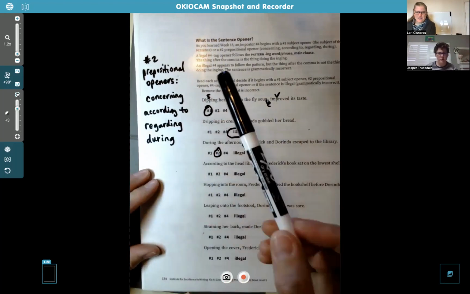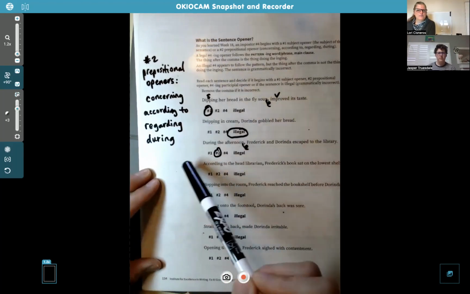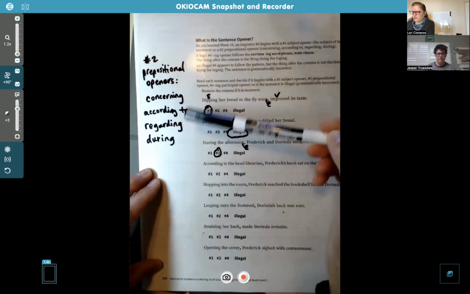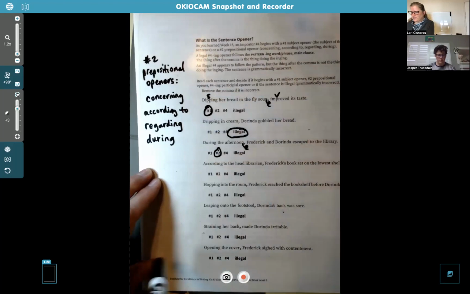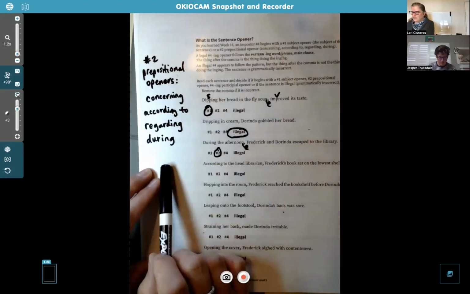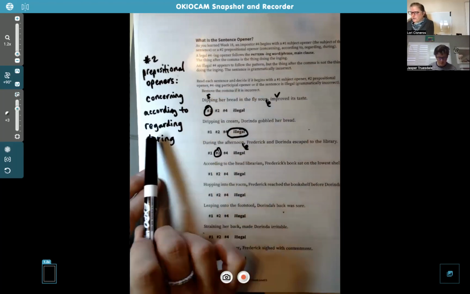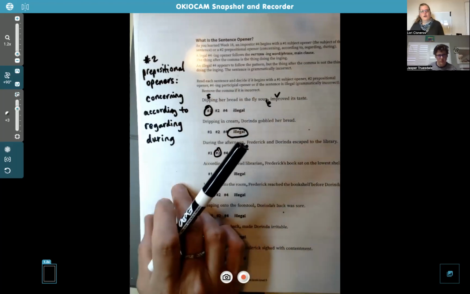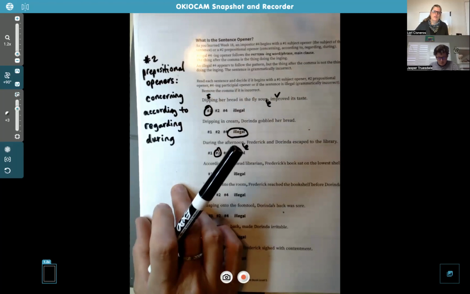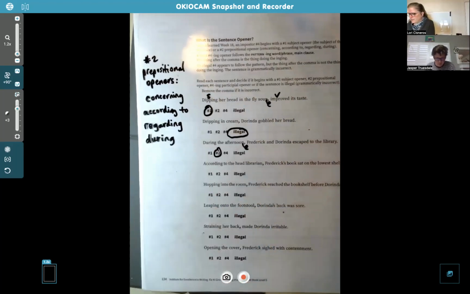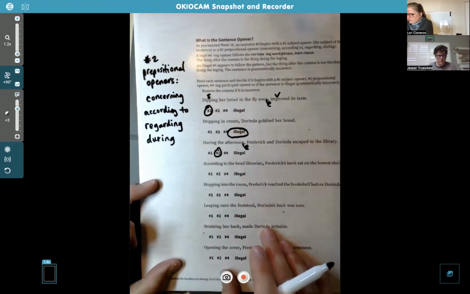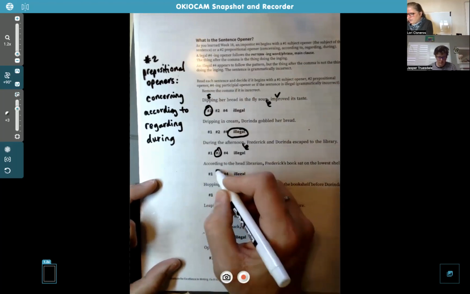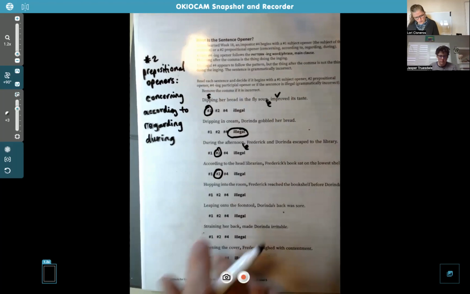Okay, while you were out for a second, I decided to jot this little note down here because really these are the only prepositional openers. So if you want to write this down in the margin here: concerning, according to, regarding, and during. Knowing those helps, and then that's pretty easy to identify. So this one, since it starts with according to, is actually going to be another number 2 opener.